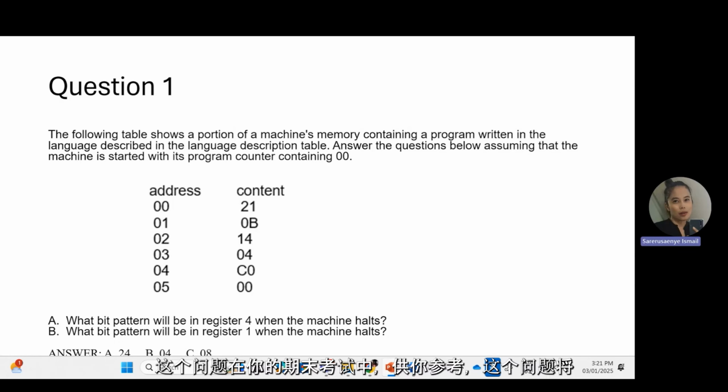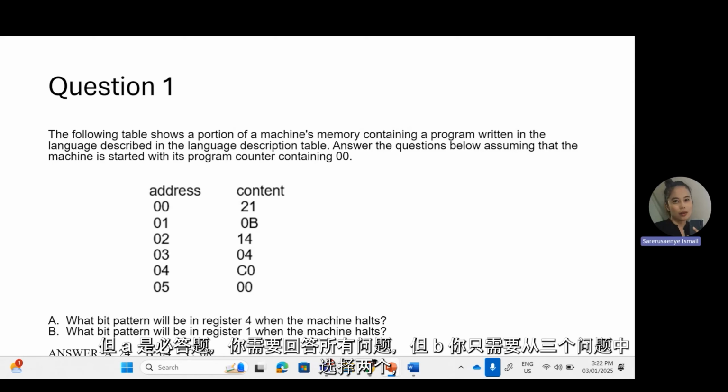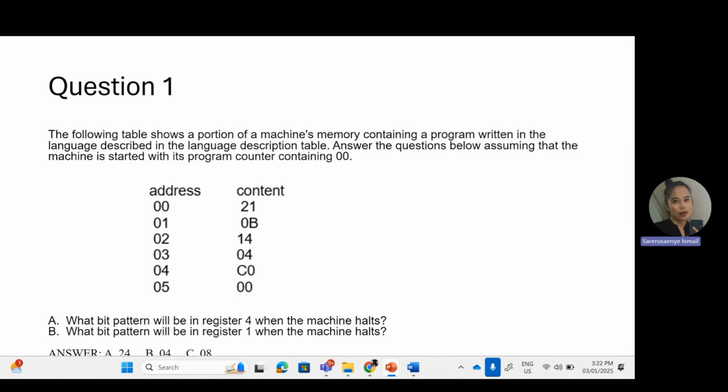For your information, this question will be in Part A, short questions, most probably 10 marks. It is compulsory for students to answer because it is in Part A; you need to answer all. In Part B, you choose only 2 out of 3 questions.